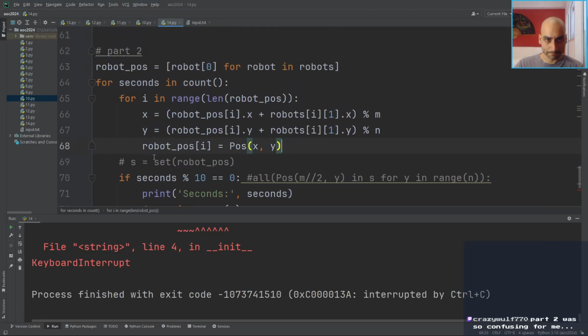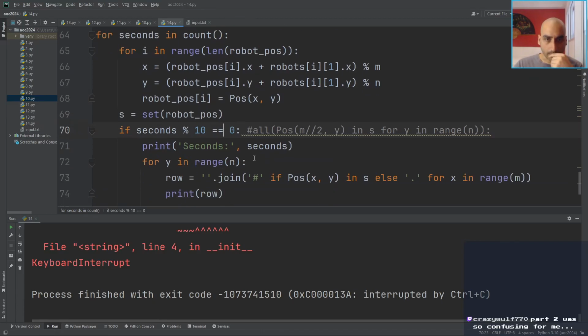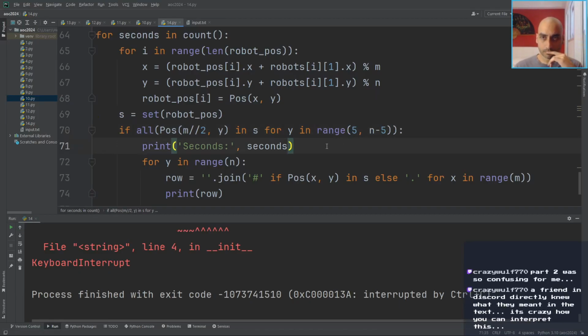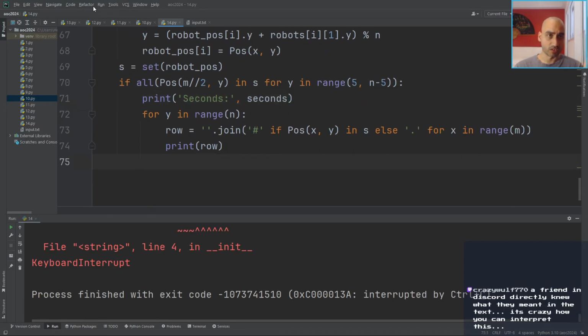So let's say if all for y in range, let's say 5 up to, hang on, yeah, from 5 to n minus 5. So maybe there's gaps at the top and bottom. Try that.